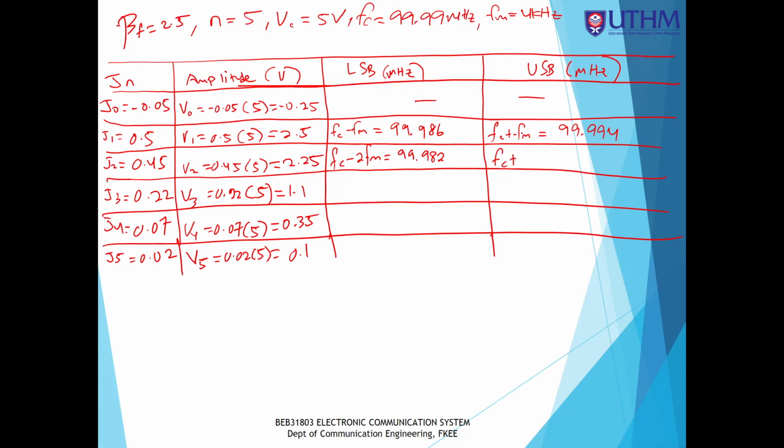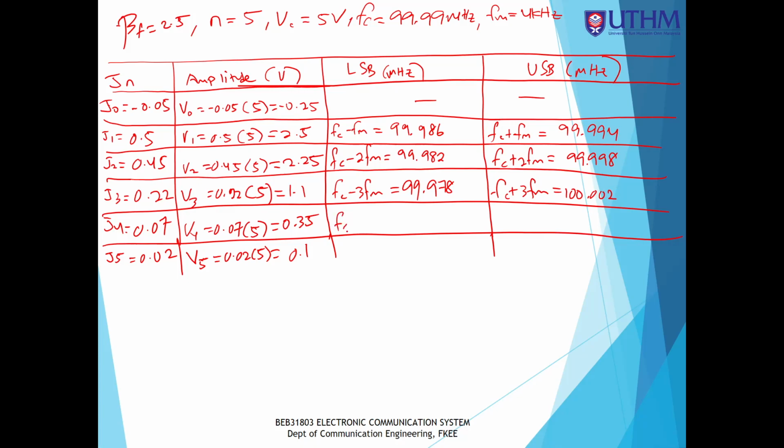Fc plus 2 Fm is 99.998 megahertz. Fc minus 3 Fm is 99.978 megahertz. Fc plus 3 Fm is 100.002 megahertz.